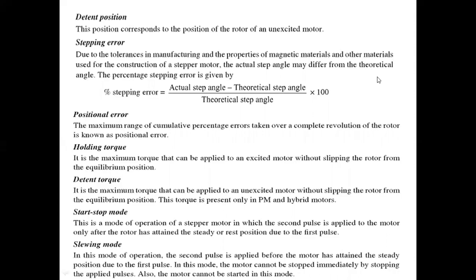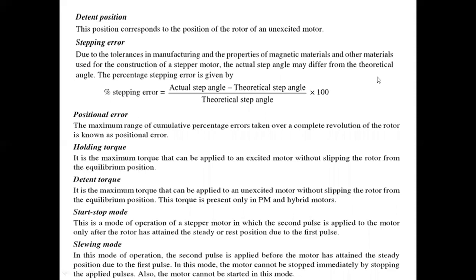Here, immediately after turning on the B phase, the B coil should be excited. But the A coil has been switched off, yet there is still a small magnetic field within the coil. That is the position of the rotor of an unexcited motor.